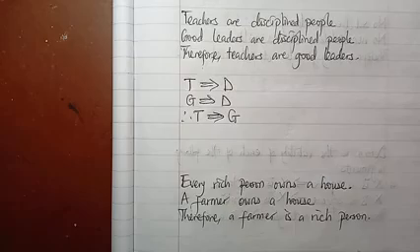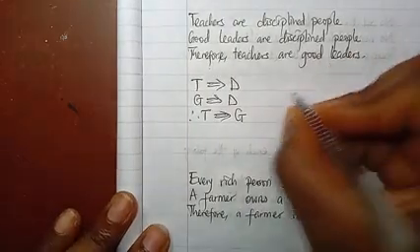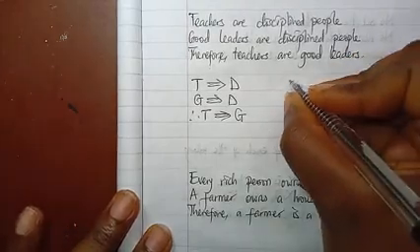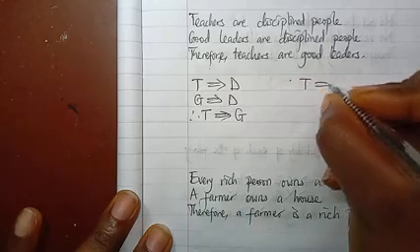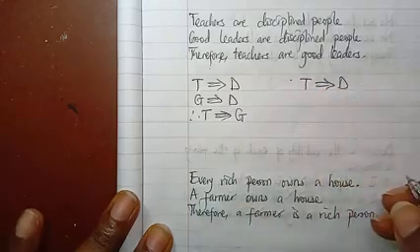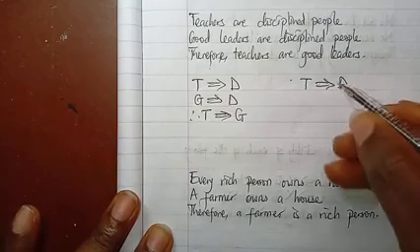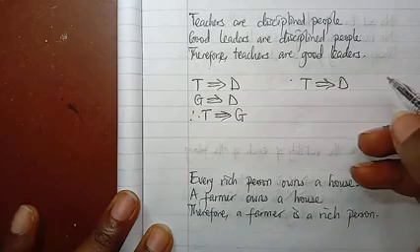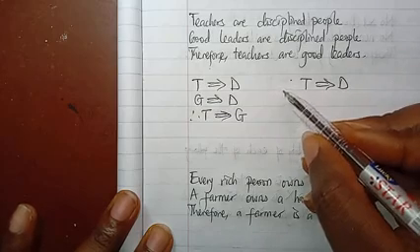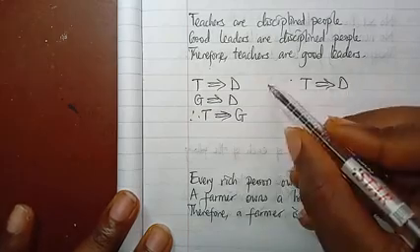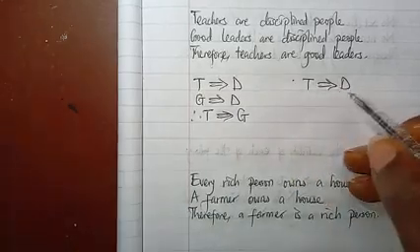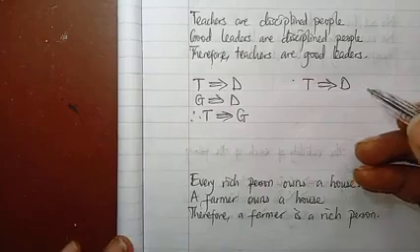So let's draw the chain. Teachers are disciplined people. Good leaders are disciplined people. So this does not lead to teachers. We have to draw the premises, and from the premises we should be able to draw the conclusion.